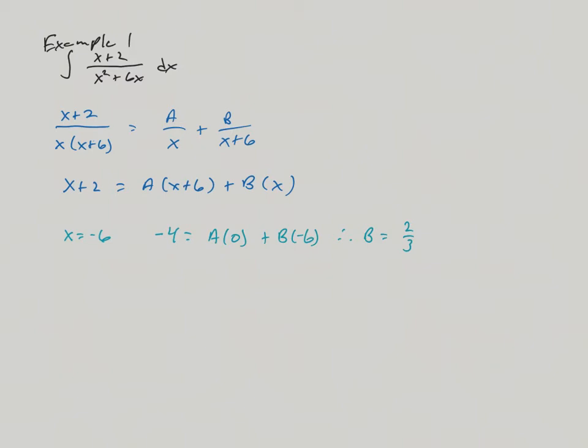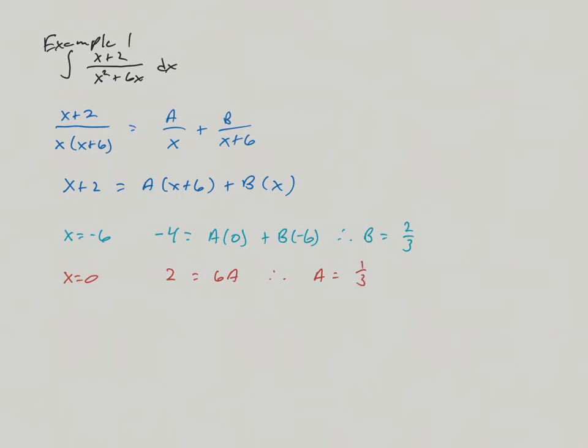Now I'll choose another value for x. I need to solve for A, so I'm going to let x equal 0. If x equals 0, I get 2 = 6A, and therefore A is equal to 1/3.